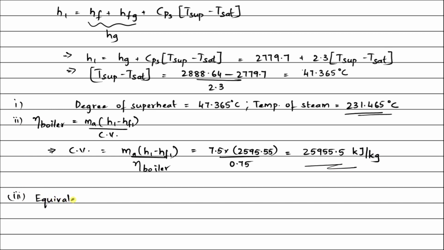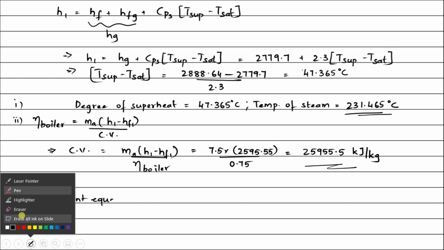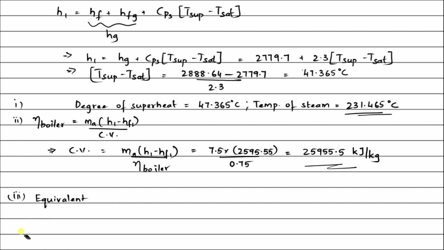Now for the third part of the problem, I have to find out the equivalent evaporation, also denoted as ME. That is equal to MA into H1 minus HF1 divided by 2257.